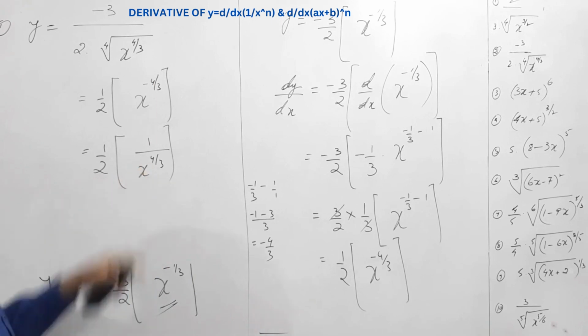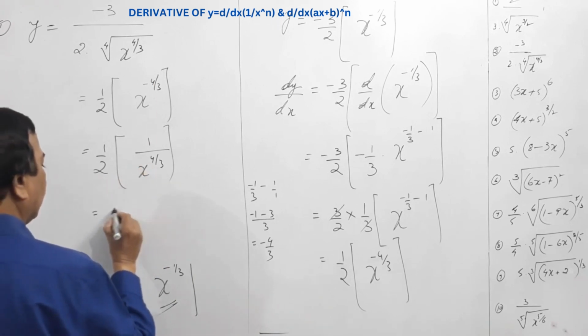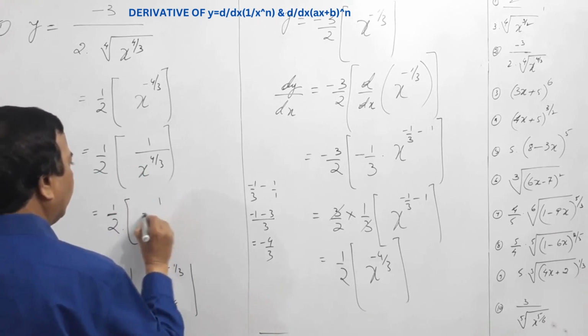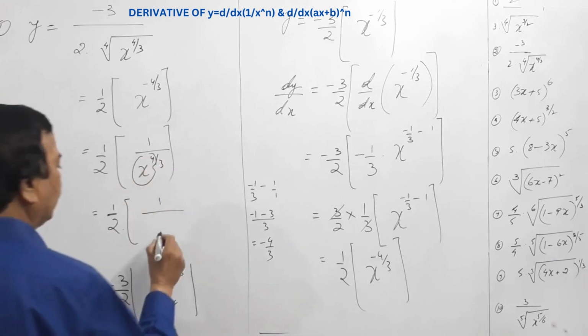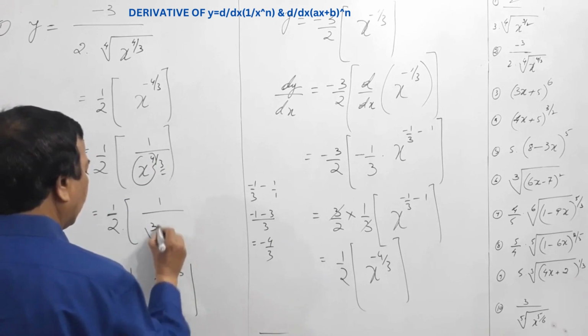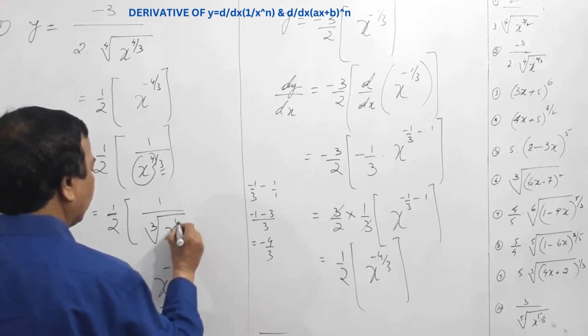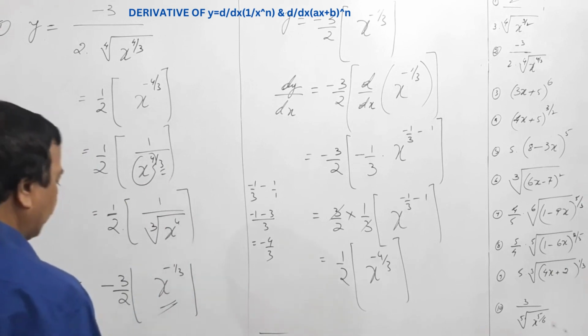Can I cancel this? No. So this equals half into 1 by, so this is nothing but within the root it should be, this is the cube root of x to the power of 4. So further simplification is possible.